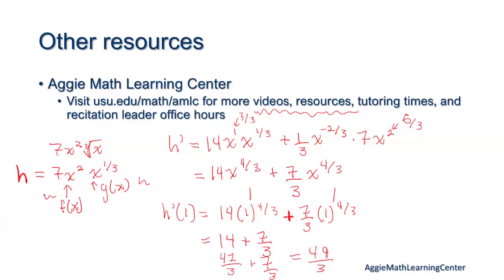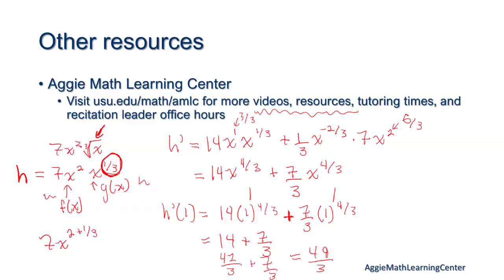Yeah, I think so. My biggest tip for these weird looking roots is to rewrite them like this. Get that power into a number that you can work with, because I can't just look at this and know what it's going to be. Yeah, and you can also combine those exponents in the first step of the problem, like we did at the end. So you can do x to the 2 plus 1/3.